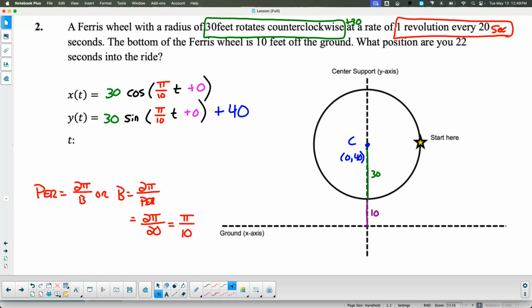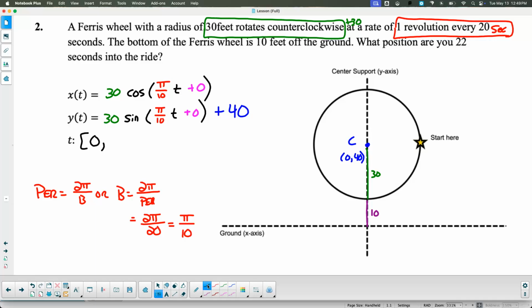t range. Obviously, when we start the ride, we're starting at 0. How high do we need to go with our t value? At least 70? Do we agree with at least 70? I'll change my question.